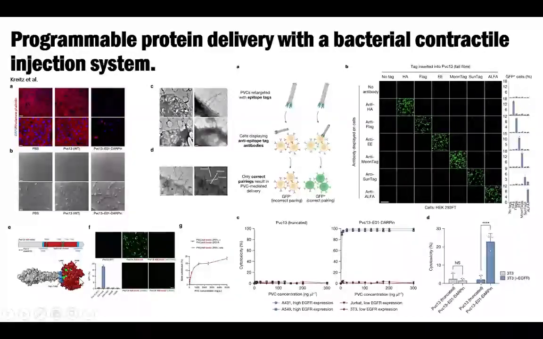And one of the interesting ones they did was zinc fingers, which are rather large proteins. And zinc fingers are dimers, and so you can actually just separate them out, but they should be stuck together as dimers to do their functionality. So what they did is they put one zinc finger, the left side, in one of these injector things, and they put the other zinc finger in another one.